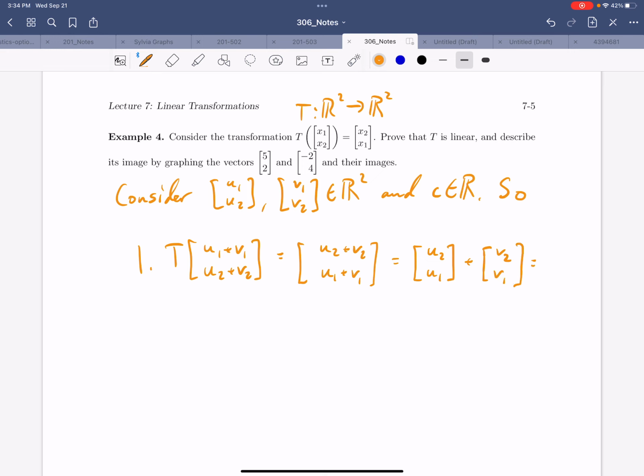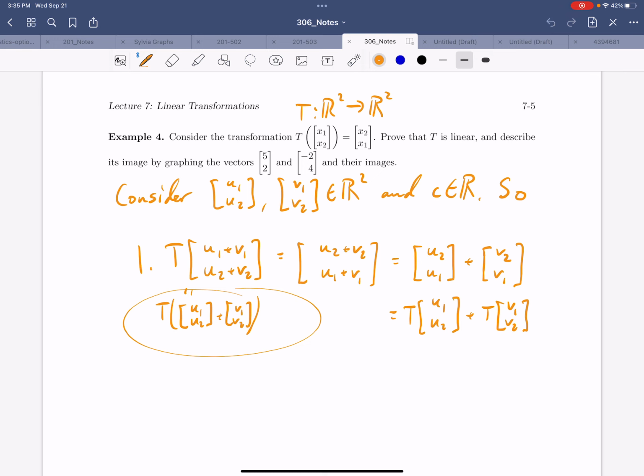And that's the same thing as T of (u1, u2) plus T of (v1, v2). Right? And just in case that's not crystal clear, this is the same thing as T of (u1, u2) plus (v1, v2). Okay? So T of (u1, u2) plus (v1, v2) equals T of (u1, u2) plus T of (v1, v2). All right? So that's good.